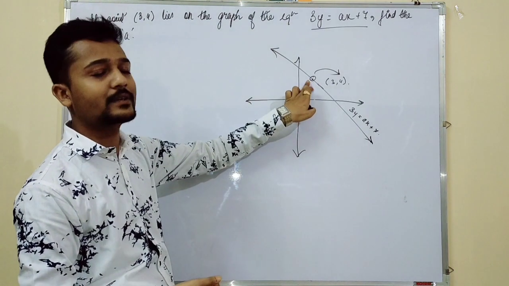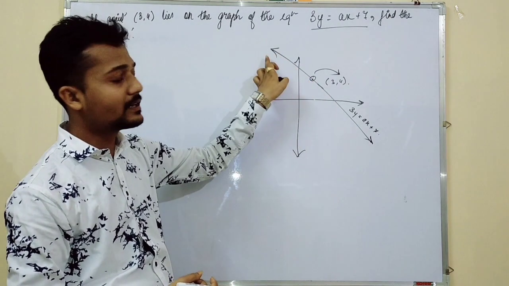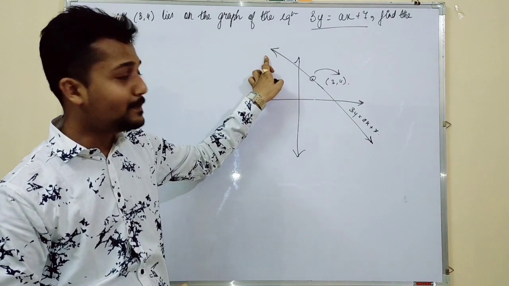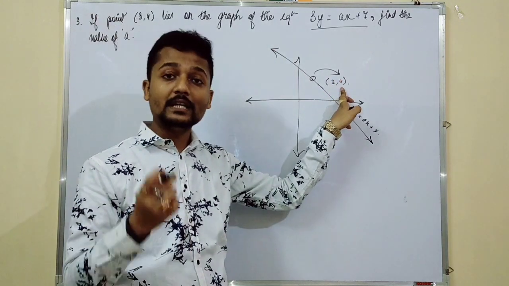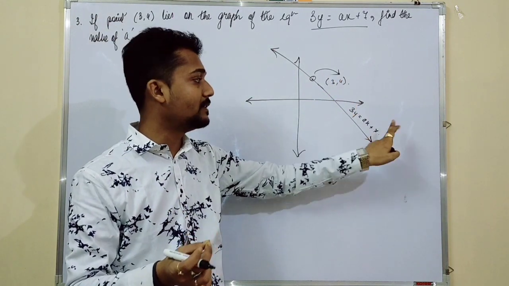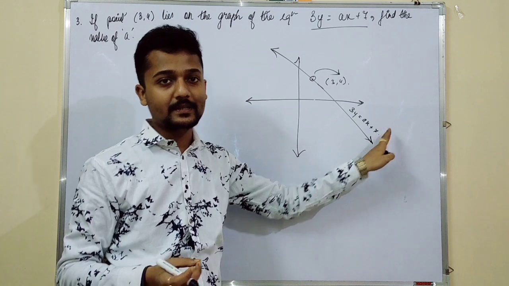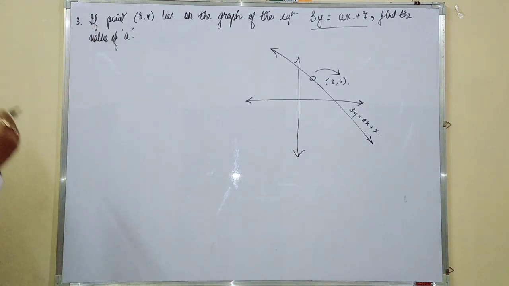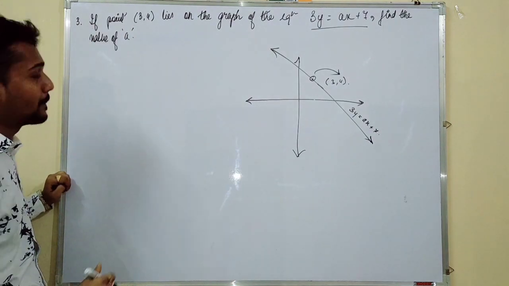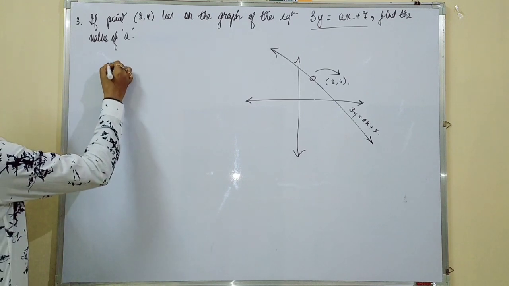That means it lies, say for example, somewhere here on the graph. What does it mean? This means that (3, 4) is one of the solutions of the given equation, isn't it? That means it will satisfy the given equation. So what can we write?